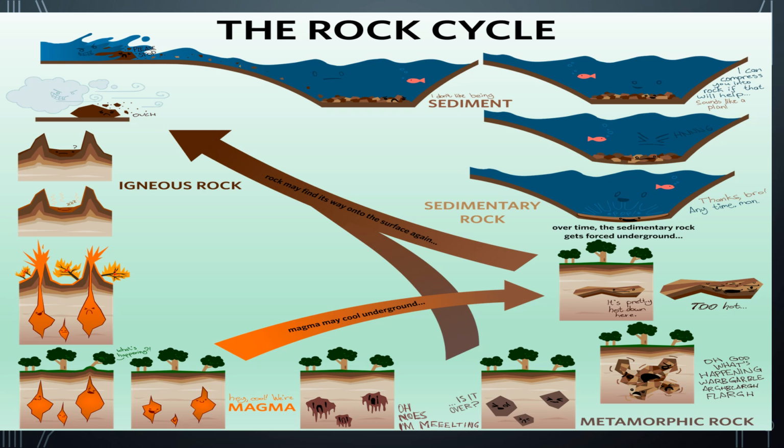Rock cycle. Rocks do not remain in their original form for long but may undergo transformation. Rock cycle is a continuous process through which old rocks are transformed into new ones. Igneous rocks are primary rocks, and other rocks, sedimentary and metamorphic, form from these primary rocks.